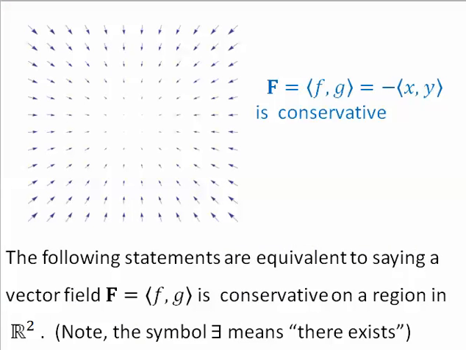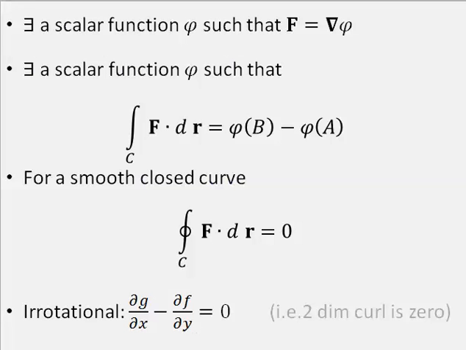All right, time for a review. So wrap up. The following statements are equivalent to saying that a vector field is conservative on a region in two-dimensional space. Now, the backwards E means there exists. There exists a scalar function phi such that f is the gradient of phi.